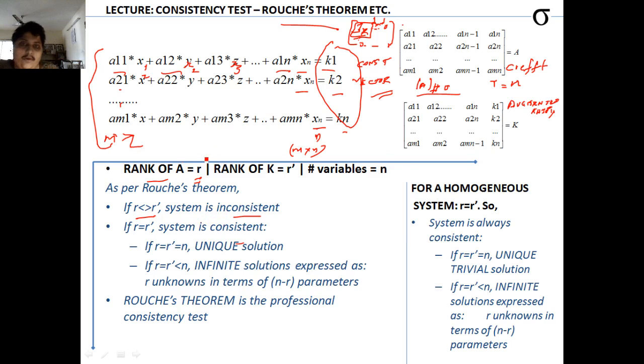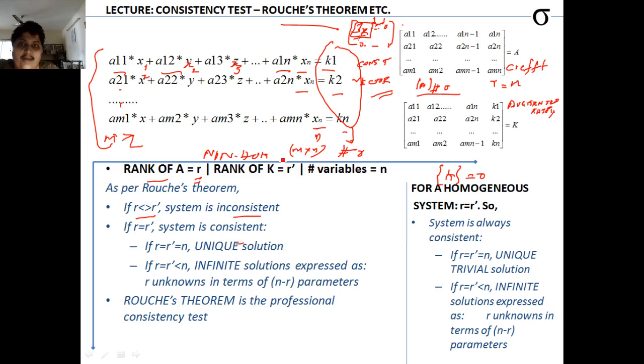Now here we note that we are first talking about a non-homogeneous system, which means that these are not equal to 0. That is the case we are first dealing with, and later we would deal with the case where each of the elements of K is equal to 0.